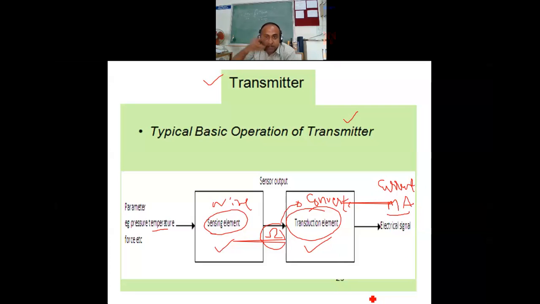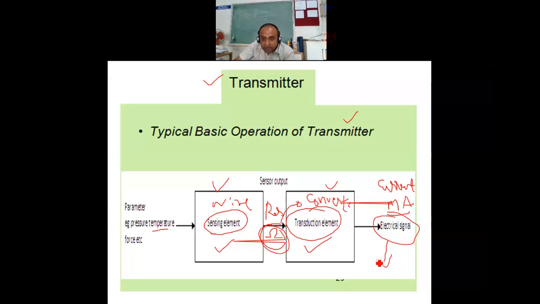So I'll repeat it. Transmitter has two parts. One is for the sensing. When it senses, it gives signals like ohms, unmeasured, difficult to use for any calculation. So there is one more part known as the transduction element, which helps to convert this resistance to an electrical signal.